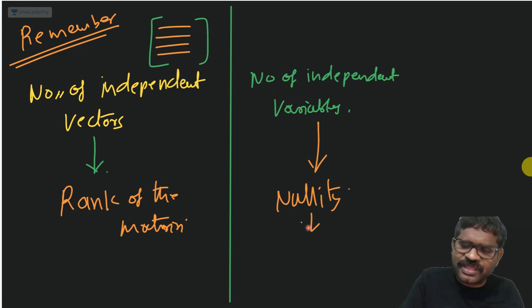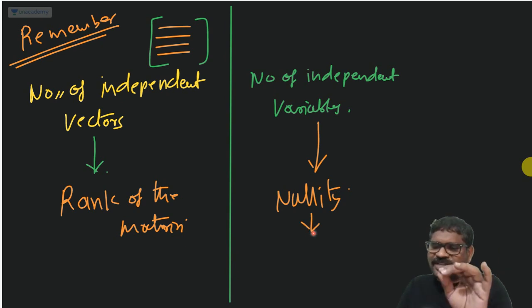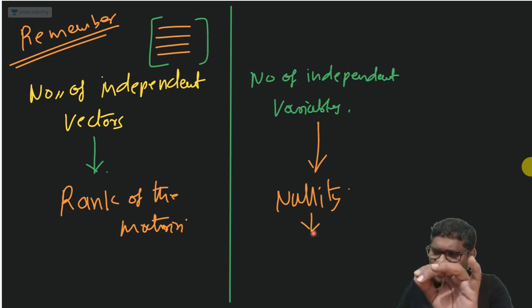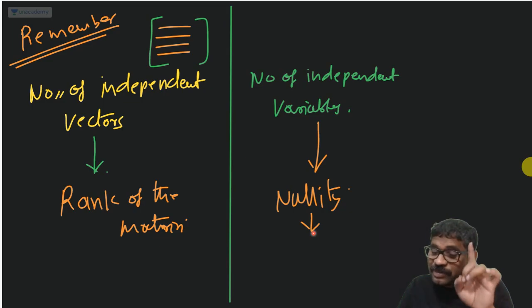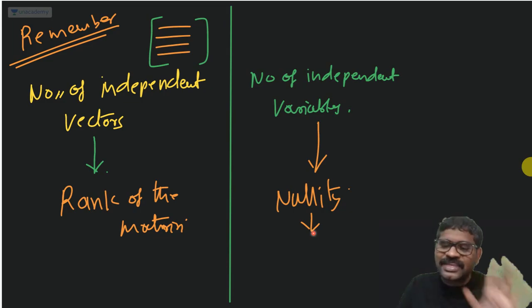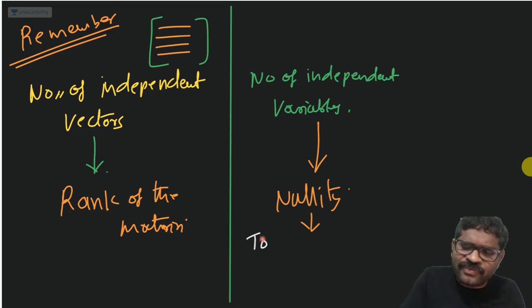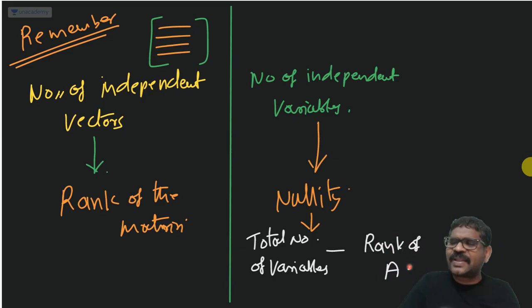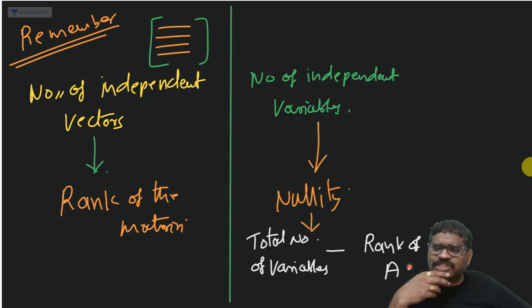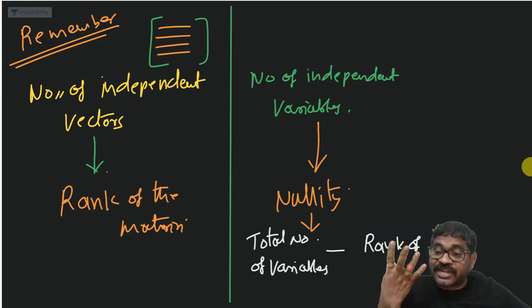One minute, observe. Because of the free variable concept, I would like to give clarity. So please remember, nullity means total number of variables minus rank of matrix A. Sir, earlier you said free variables equal number of independent eigenvectors.